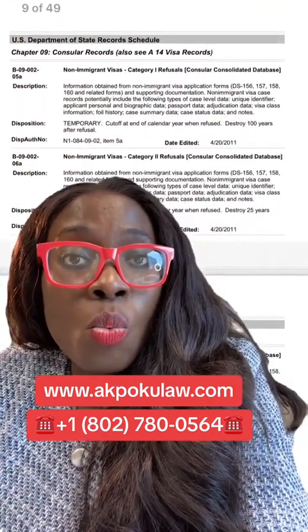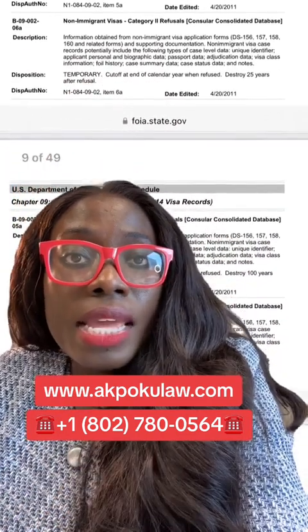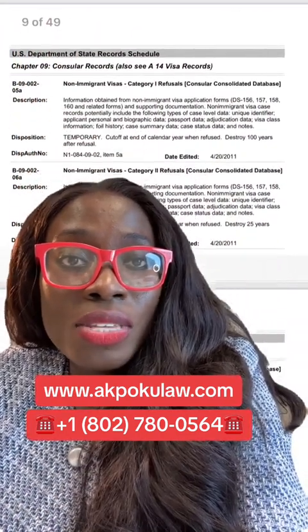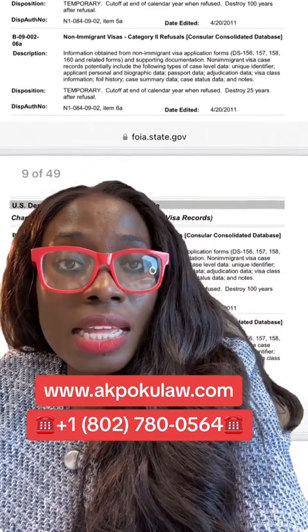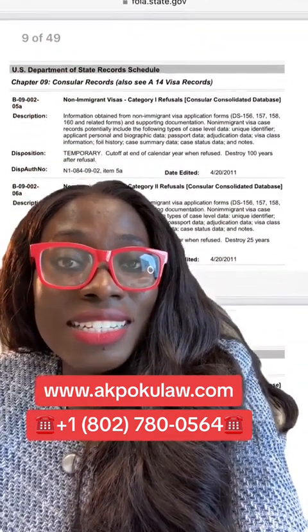We have category 1 refusals, and then we have category 2 refusals, all contained in the Consular Consolidated Database.